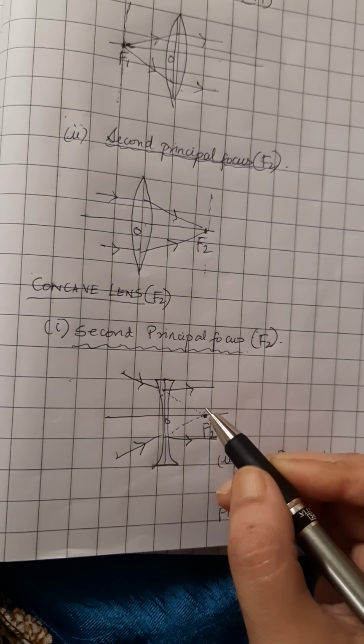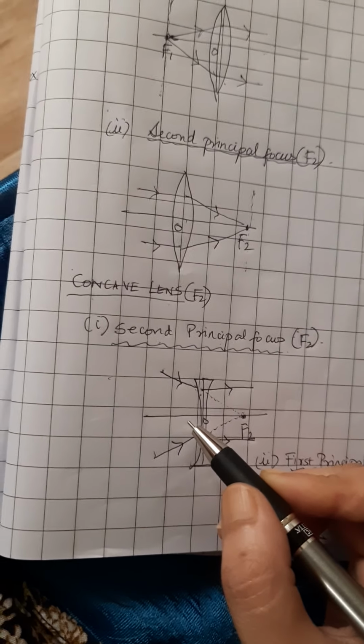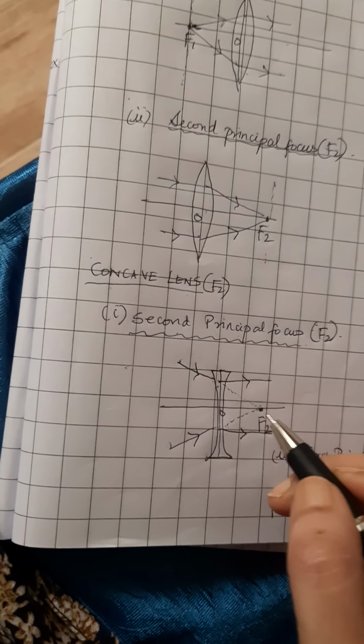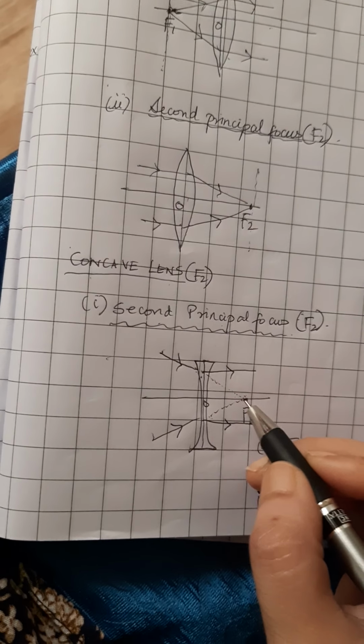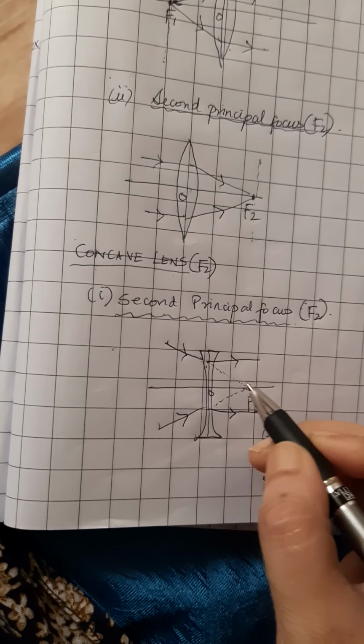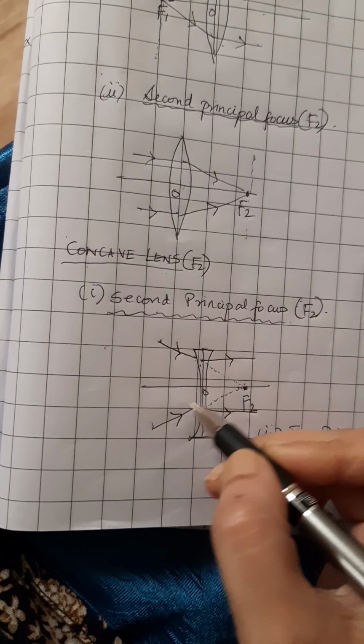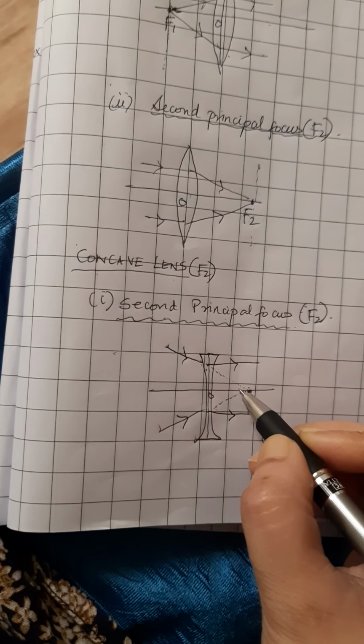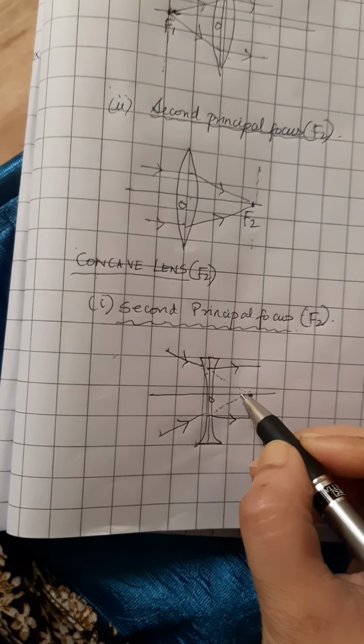So F2 is the point on the principal axis at which the incident rays would have converged. After refraction through the concave lens, they become parallel to the principal axis. This is the second principal focus, F2.